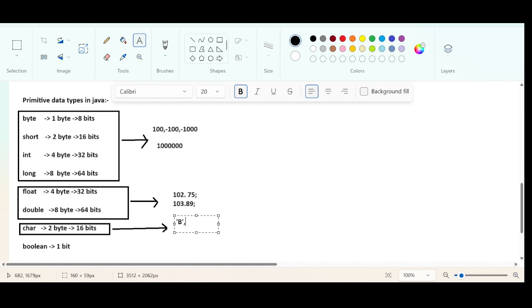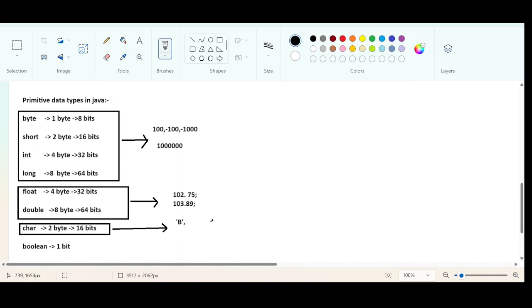And not only these characters, you can store data from any other language. If you want to store the letter A in Tamil, you can store this also in Java with the help of the char type. They call it a Unicode representation. In future classes, we will see how Tamil letters can be stored in Java.